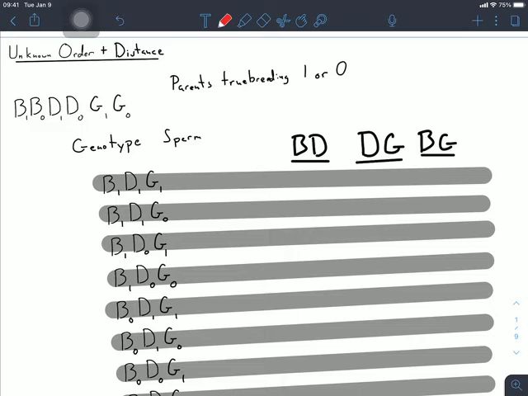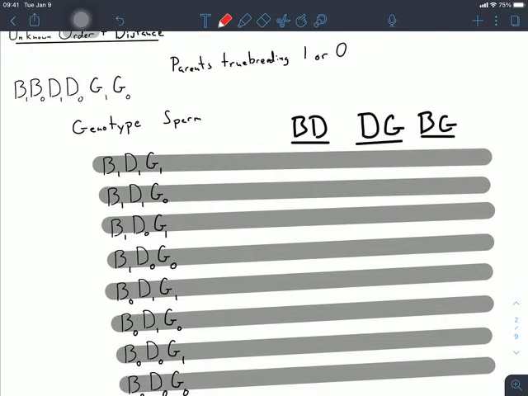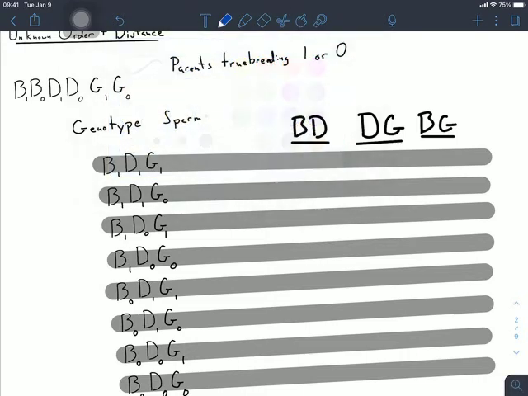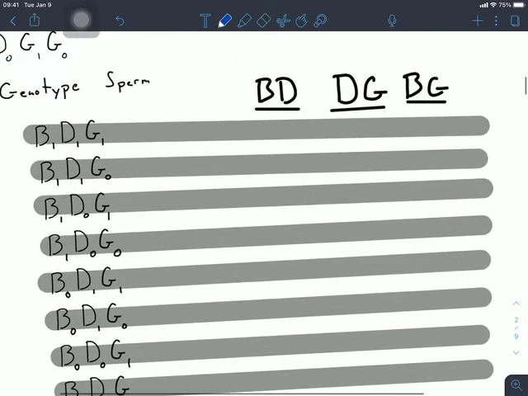Our parental types will therefore be wherever we see ones connected, and our recombinant types will be where we see zeros and ones connected. So let's go ahead and do what we've done before by assigning parental types to each of these sperm. If I look at B1, D1, G1, and I look at the B-D relationships, well, I see both ones. That means I see a parental type.